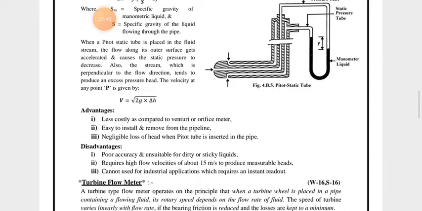Depending upon these, different instruments are applicable wherever suitable conditions are there. So this is nothing but flow measuring devices.